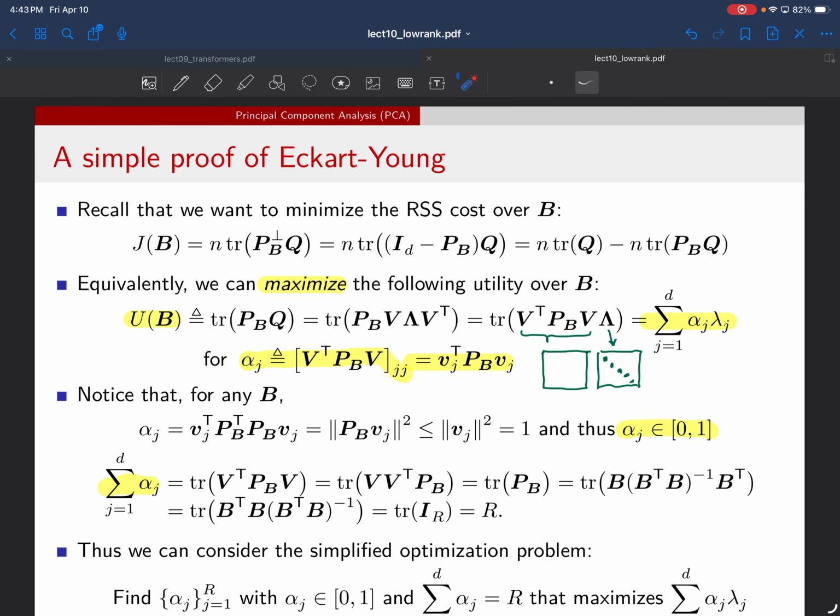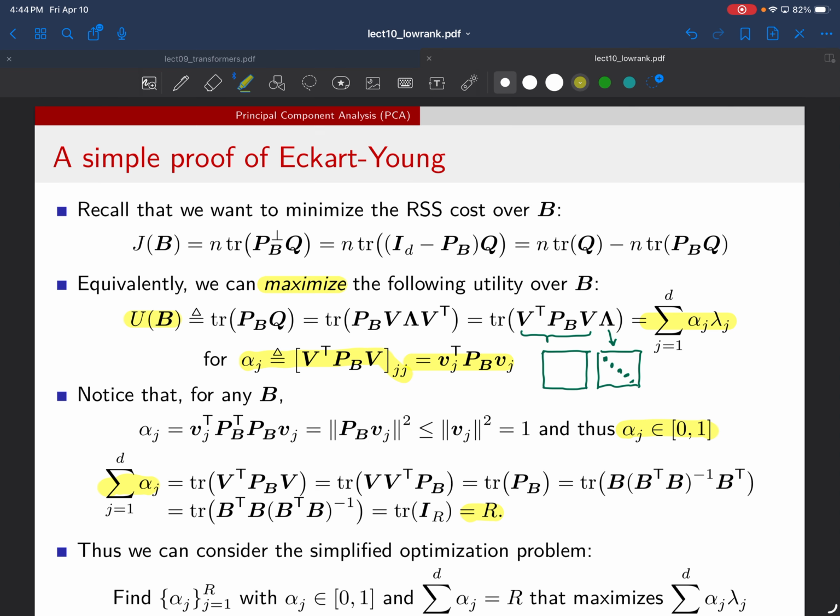Once again, because of the trace property, we can move B transpose to the front. And now, because the columns of B are linearly independent, this matrix is invertible, and it times its inverse is going to be the identity matrix of size R. And the trace of that is just the sum of the diagonal terms, which are all 1, and there's R of them. So finally, the sum of the alpha j's is equal to R.